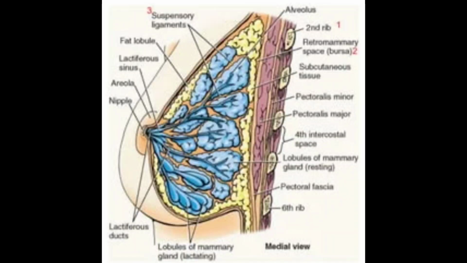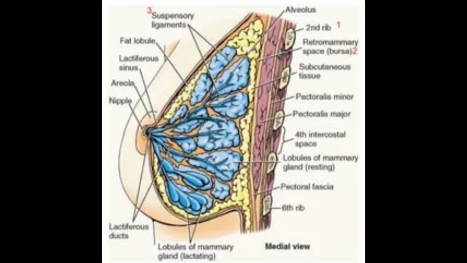Other anatomical structures have already been shown in the previous images, but again it's a revision. Here you can appreciate there are multiple lobules of the mammary glands, which are the lactating glands, and these lobules are connected with small ducts, which are called lactiferous ducts.